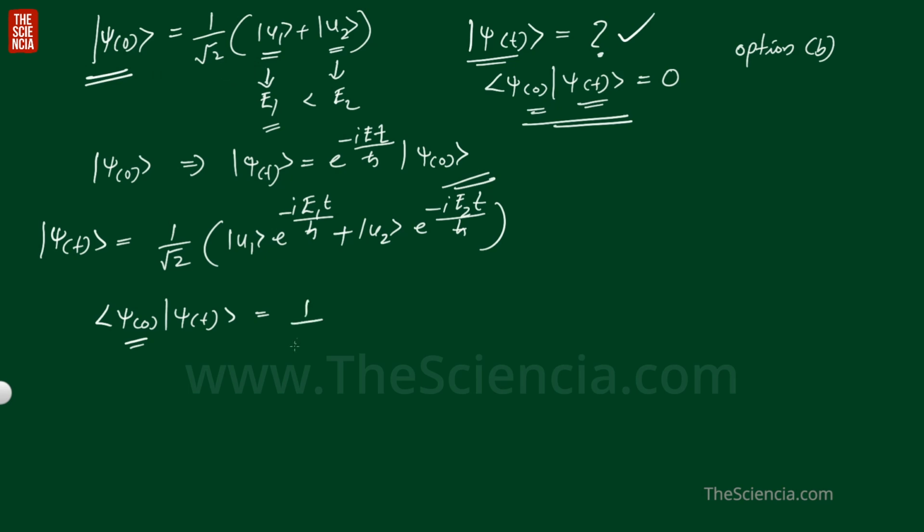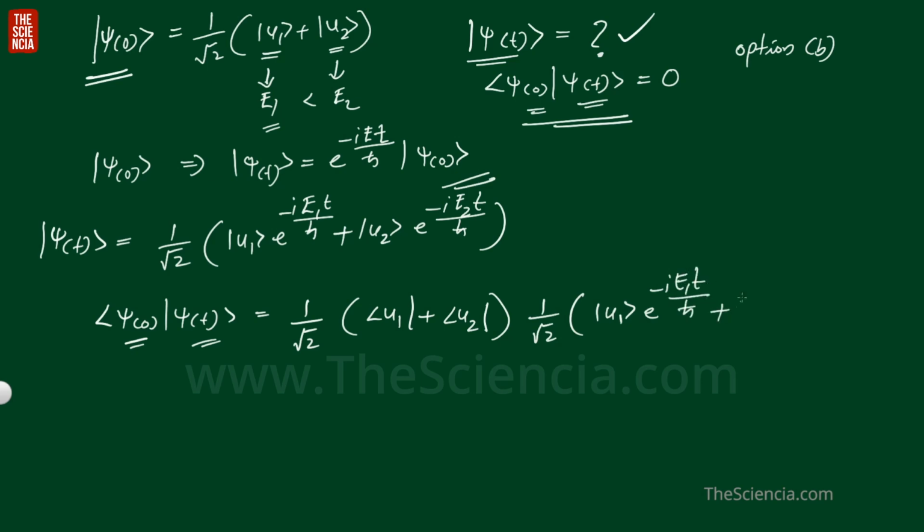That is, we get 1 by root 2 times bra u1 plus bra u2, into psi of t, which is 1 by root 2 times ket u1 e raised to minus i E1 t by h cross plus ket u2 e raised to minus i E2 t by h cross.